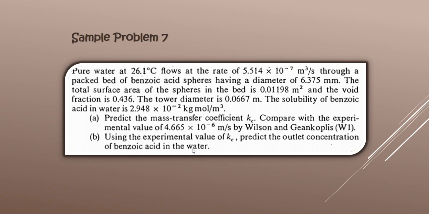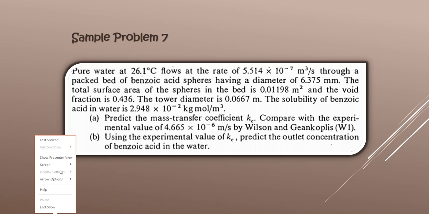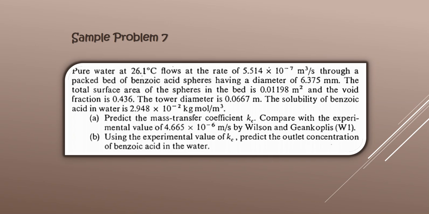So that refers to the C sub A2. But this time, you will not use the K sub C that you have computed based on the different formulas that I have discussed, but rather you're going to base it on the experimental value that was predetermined by Geankoplis and Wilson. So let's go to our board to start plotting out how we're going to find our way through the maze of the unknowns in this problem.